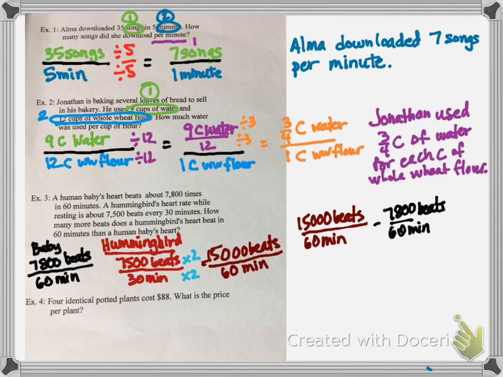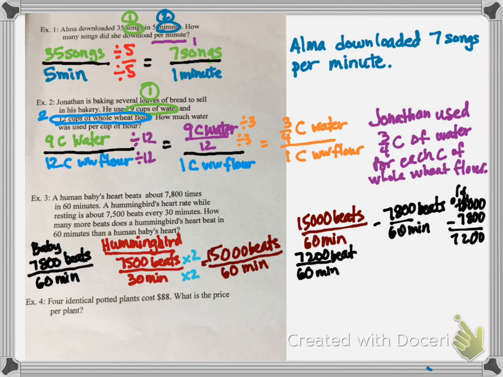And so I can just do the math off to the side, lining up place value and subtracting. So I get 7,200 over 60. So remember what 7,200 is, it's beats, and remember what 60 is, minutes.